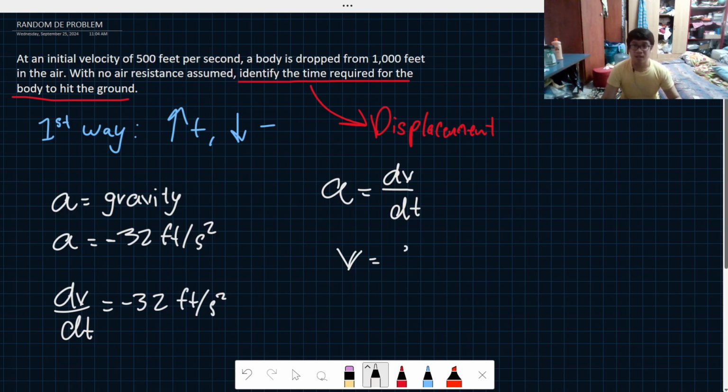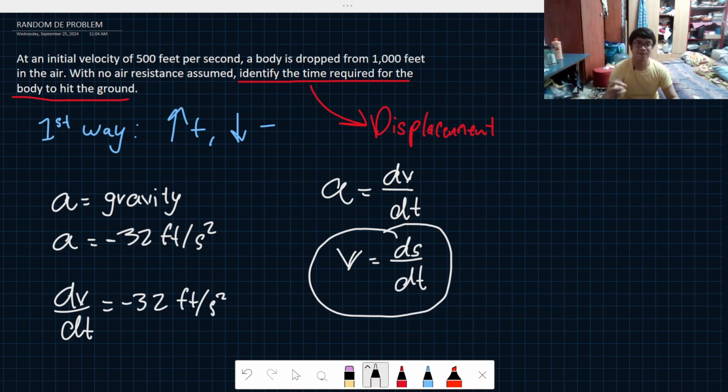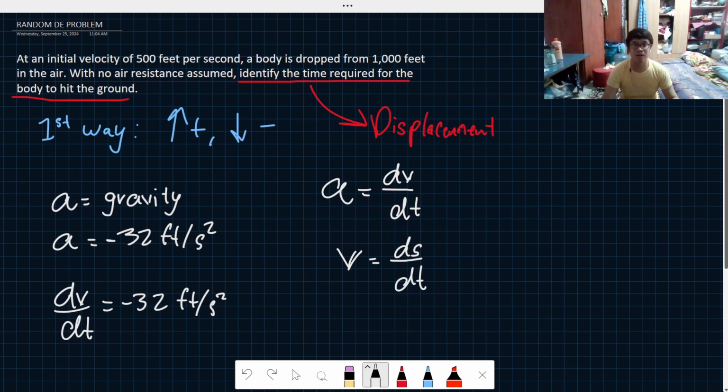Because velocity is the derivative of your displacement with respect to time, your v is just the same as ds over dt. So, once you have found the formula for your velocity, we can change that v to ds over dt and find the s, because your s is your displacement.